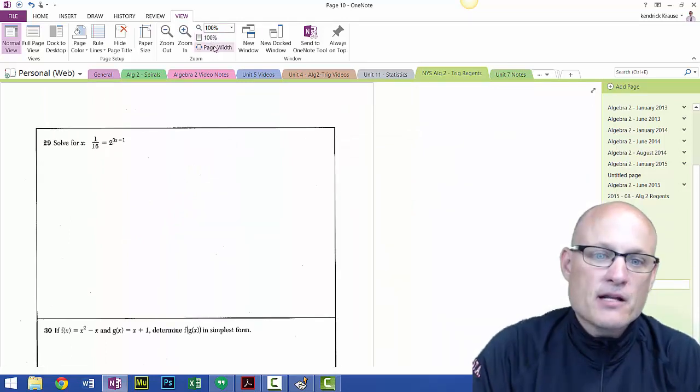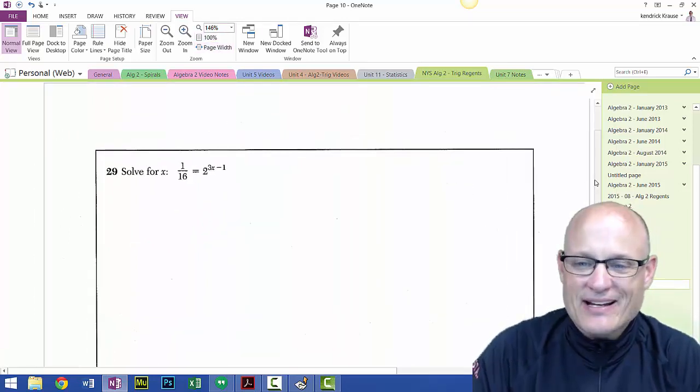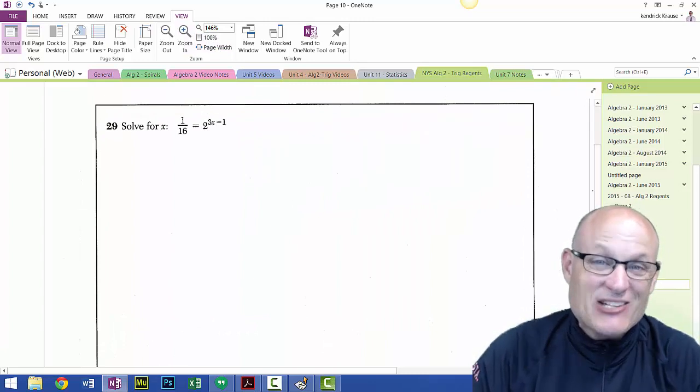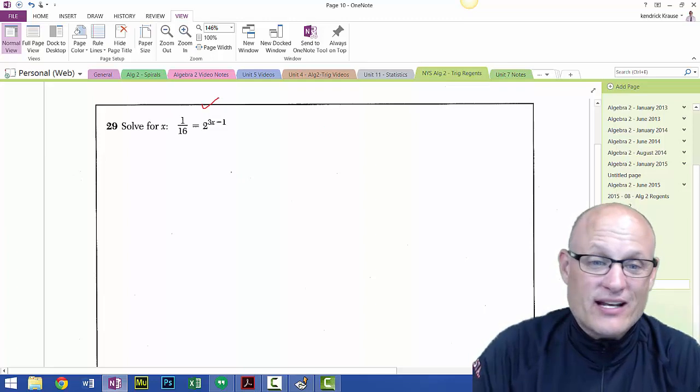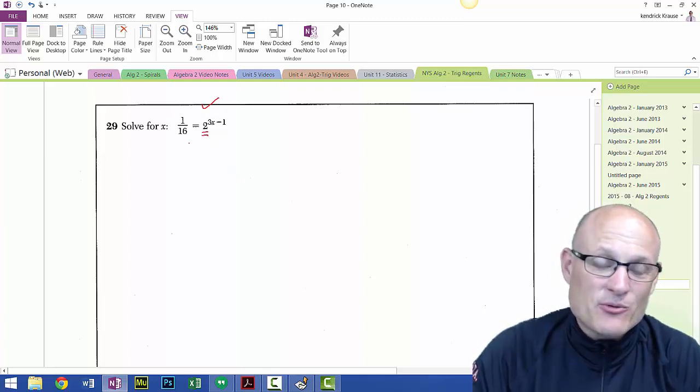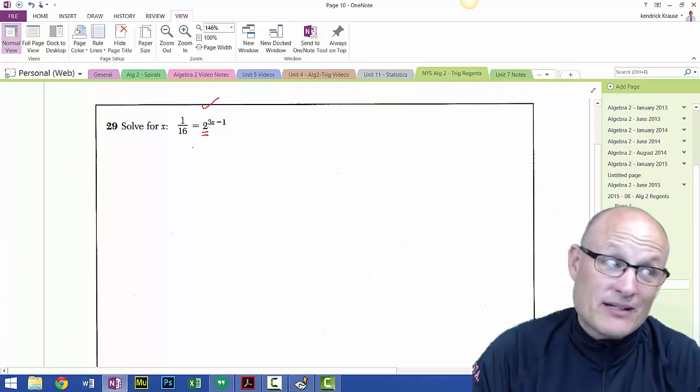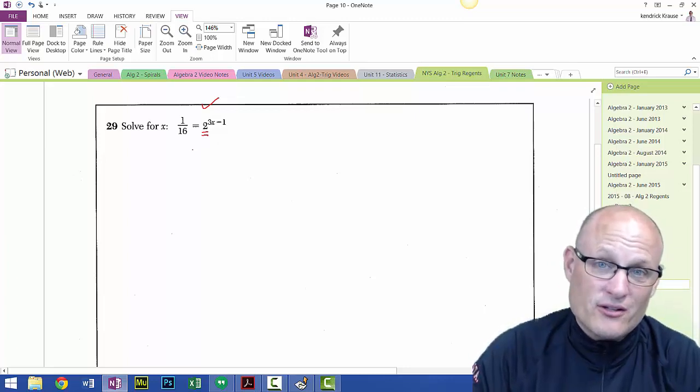All right, let's see. This was not a nice question, especially since, sorry kids, I didn't show you a problem like this in a while. I showed you all the ones, and I said, every time you have the base, you got to make the bases look the same. And then again, well, there's 1/16, and I don't know if I've done a problem like that recently. I'm so sorry. Because 16 is just 2 to the 4th.